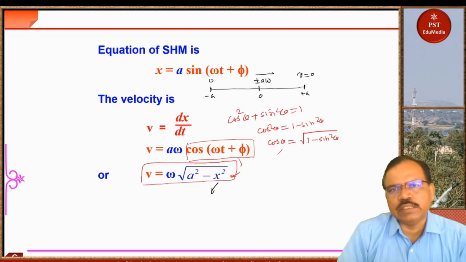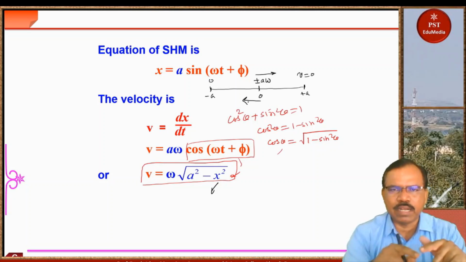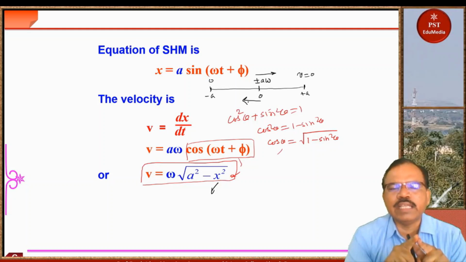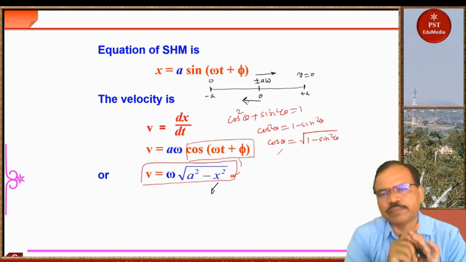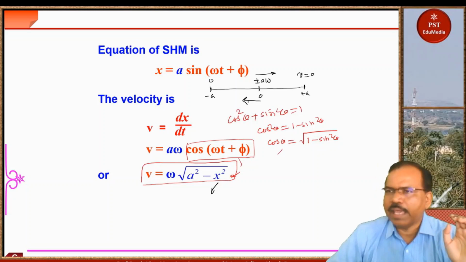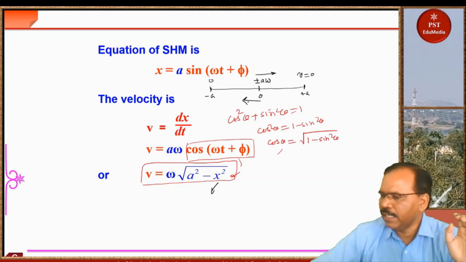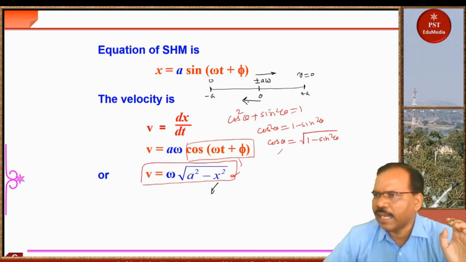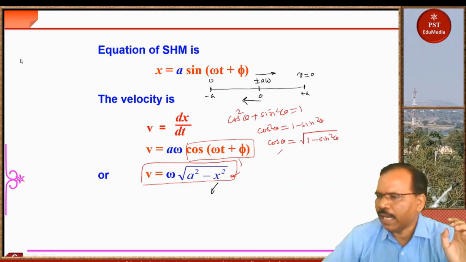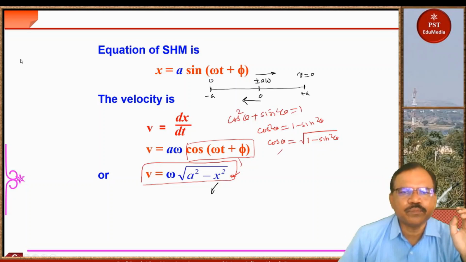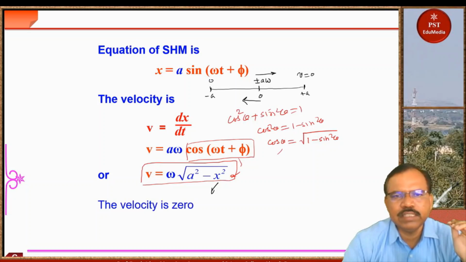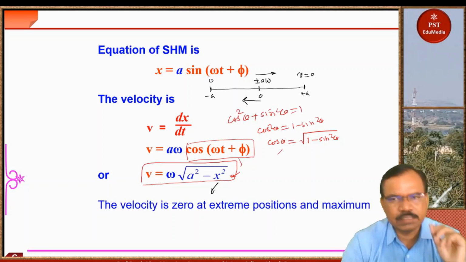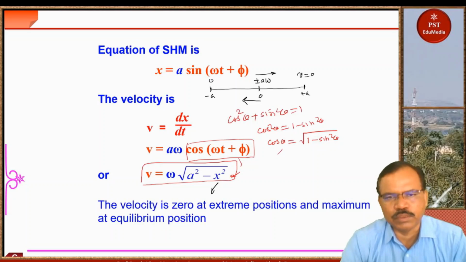Plus means along the positive direction. Minus means along the negative direction. So in simple harmonic motion, the sign gives you direction. Here a omega is the maximum velocity, and it is at the equilibrium position. So the velocity is 0 at extreme positions and maximum at the equilibrium position.